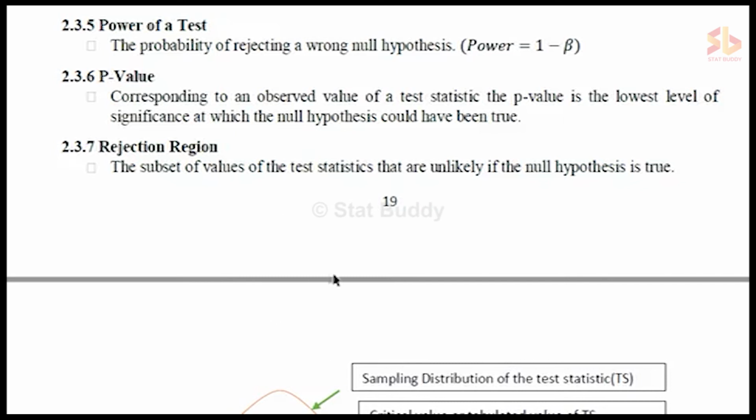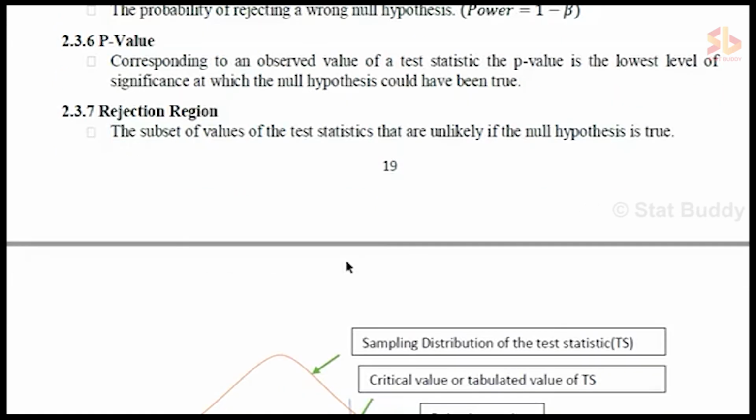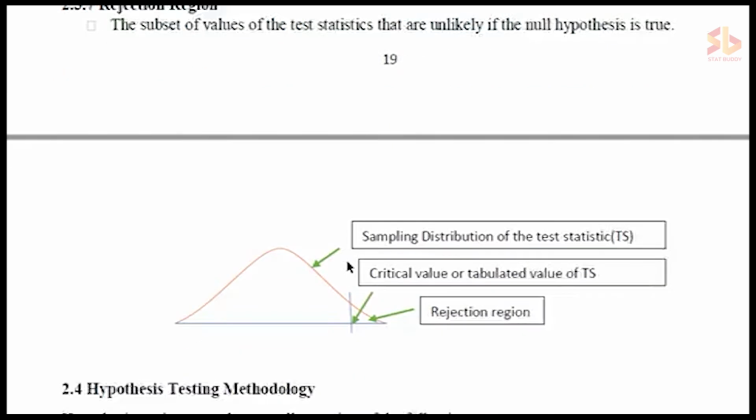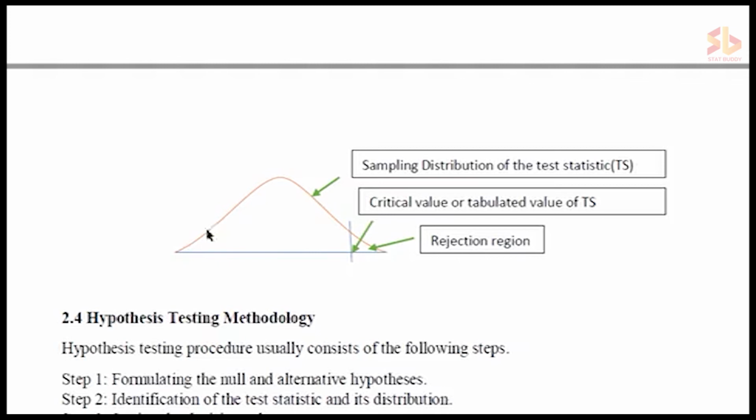In the diagram, we can have a clear idea about this p-value and its rejection region. The rejection region is the subset of values of the test statistic that are unlikely if the null hypothesis is true. Suppose this is the distribution of the test statistic and this is the critical value.